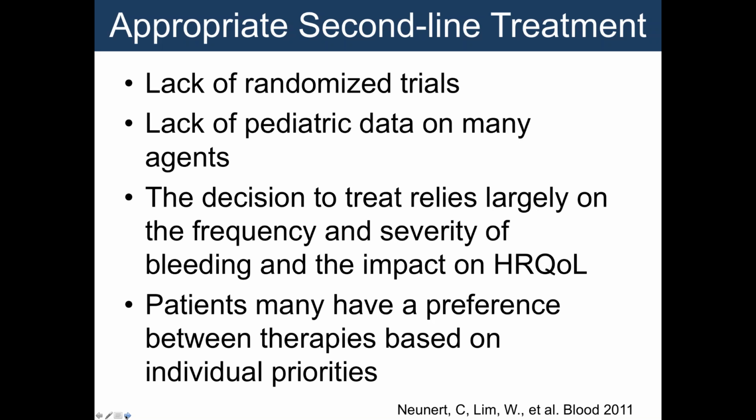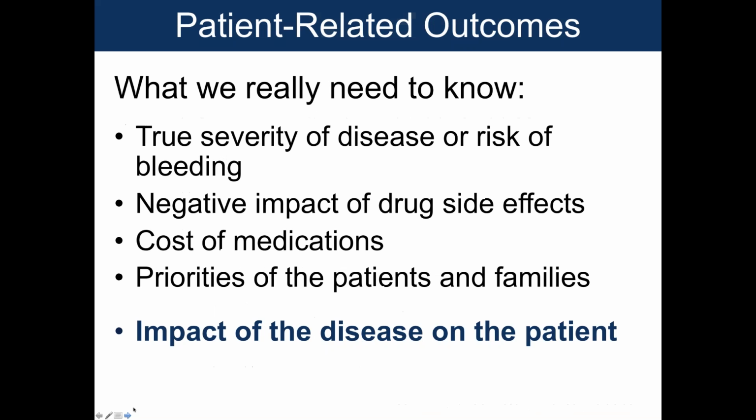And then lastly, we'll talk about what the platelet count is and how that might impact what we're doing. I think it's important to stress that this involves a lot of patient decision making as well. It's a decision of understanding what the priorities are of that individual patient and family.